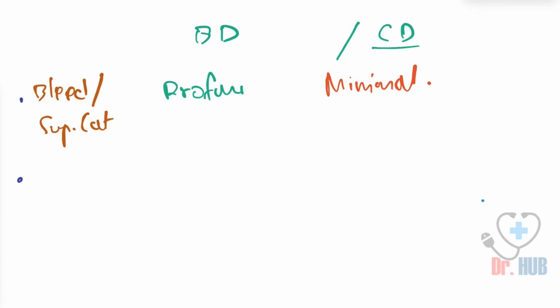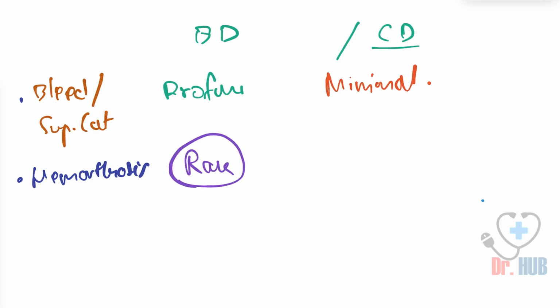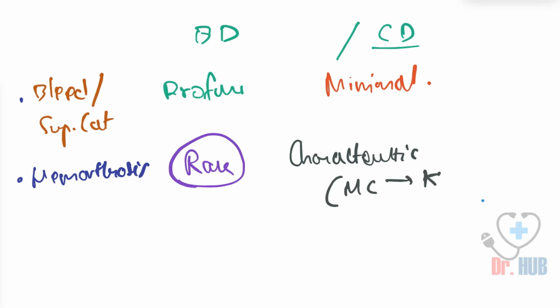Then we move on to the hemarthrosis. Hemarthrosis is very rare in bleeding disorders, whereas in coagulation defects, it is very characteristic, and most commonly present in the knee.